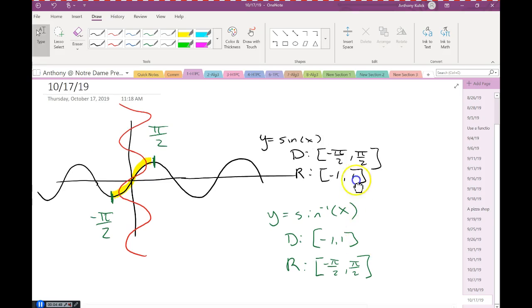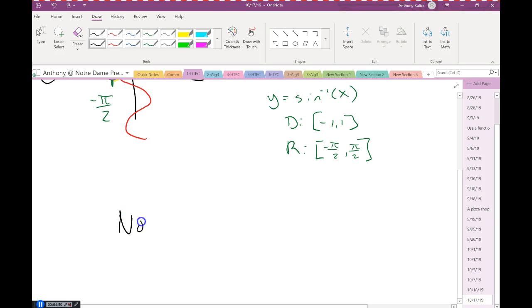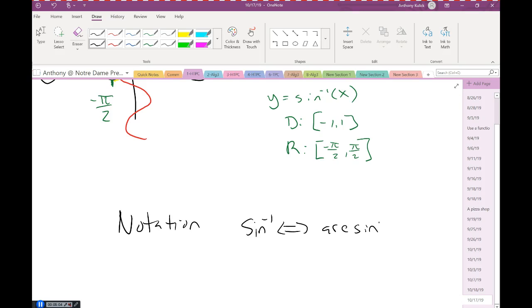From a notation standpoint, we're going to use these two notations interchangeably. So I can use sine inverse, or I can say arc sine. They mean the same thing.